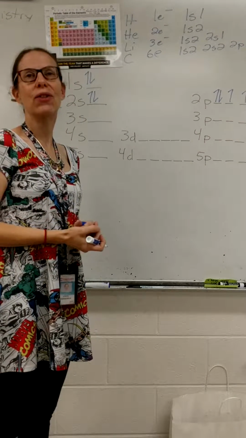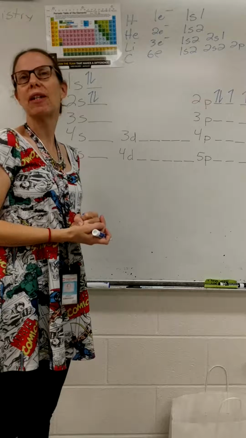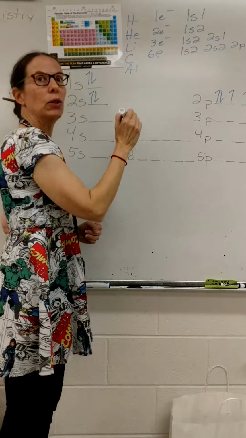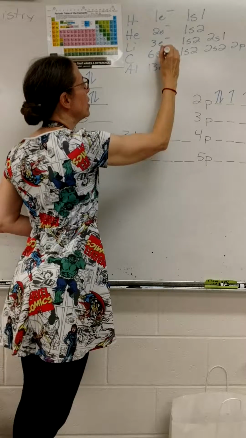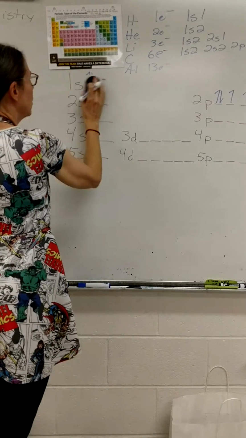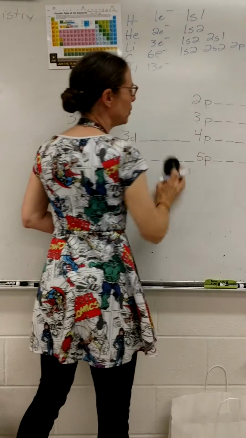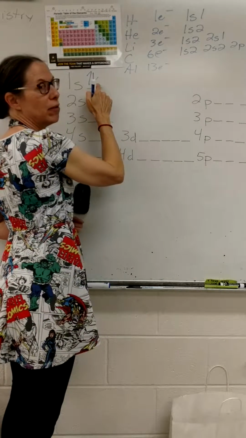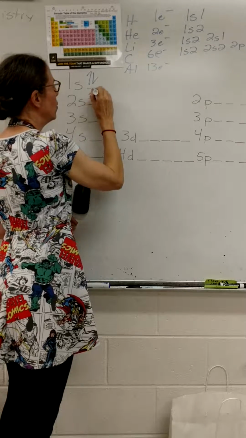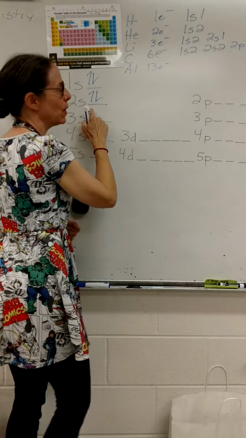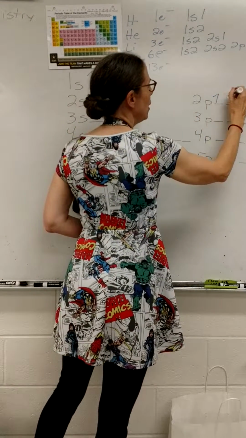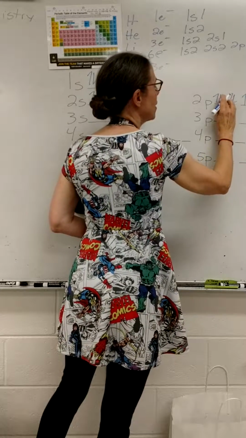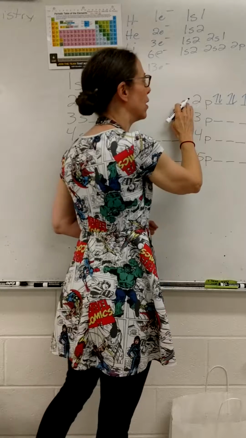Let's drop down into the 3rd period, and let's pick something like aluminum. Aluminum has 13 electrons. So let's do the orbital diagram for aluminum. 1s, we fill it with 2 electrons. 2s, we fill it with 2 electrons. 2p, we fill that with 6 electrons, because the p orbitals can hold 6 electrons.